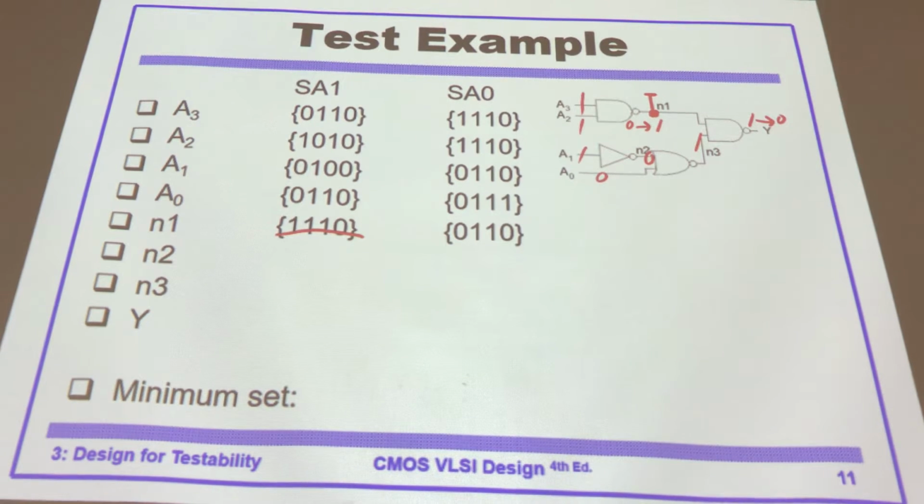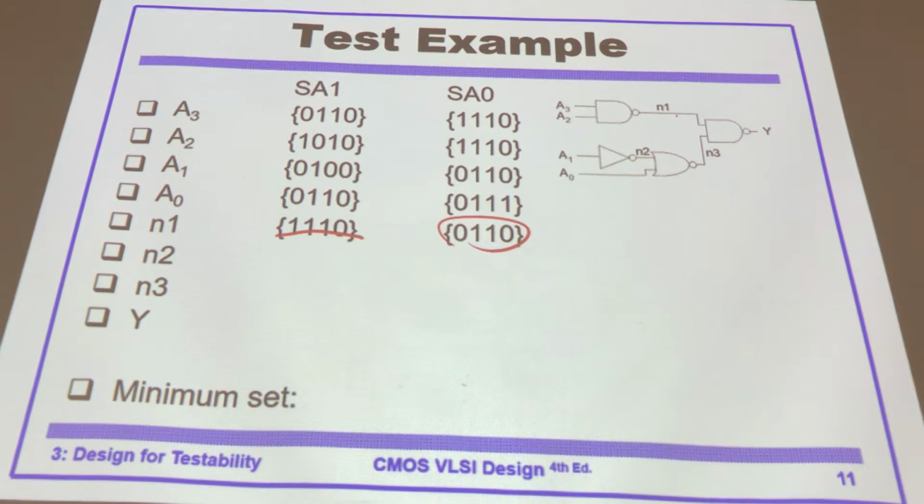How about stuck at 0? I'm going to move it. Stuck at 0, how do you test it? Again, N1, stuck at 0. So what am I going to do? You want to test it, then you should try to generate a 1 signal here, right? That's the starting point.